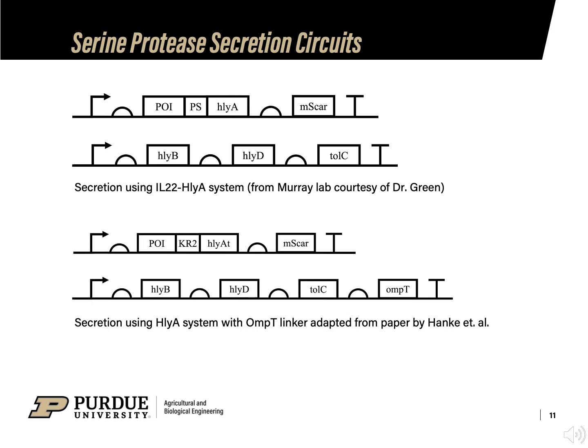The bottom set of circuits is secretion using a slightly different HlyA system with an OmpT linker, which was adapted from a paper previously published by Hanka. And the main differences here between these and the ones above them is the linker sequence, the KR2 versus the precision. Additionally, the amount of HlyA included in this is much shorter, which is why it's known as HlyAT.